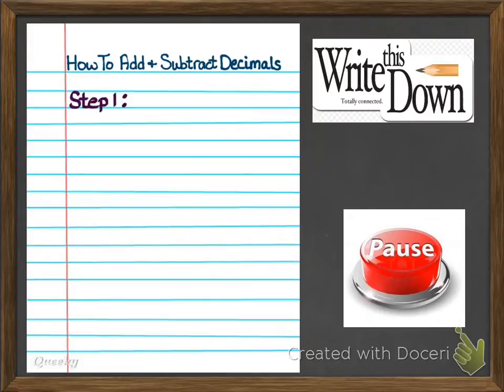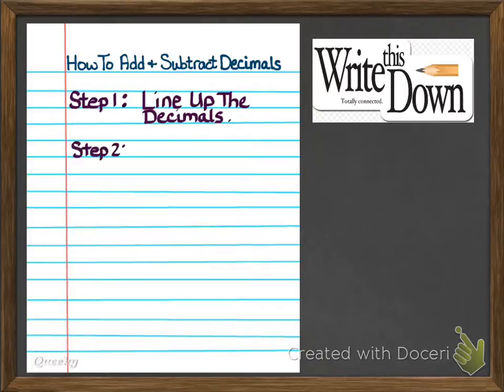So we're going to go ahead and start with step 1. Step 1, we need to make sure that we line up the decimals. Step 2, we want to make sure that we're going to add or subtract.